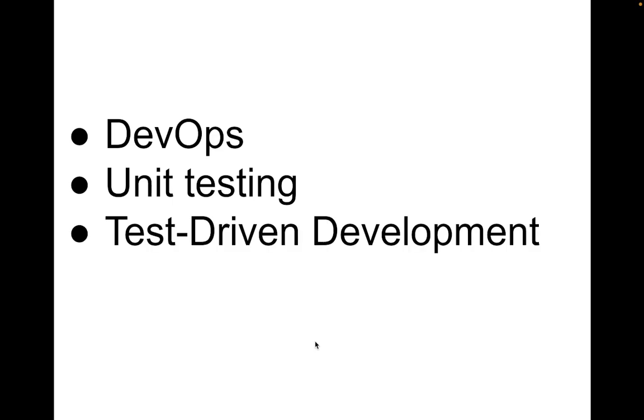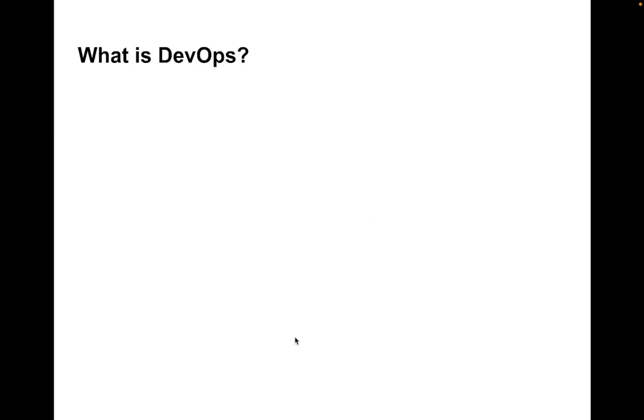Then we will have a slightly deeper look into unit testing as one of the practices within development, within software quality, and within DevOps as well. And then we will look at test-driven development, which is a development philosophy that works well with the idea of automation. Okay, so let's get started.